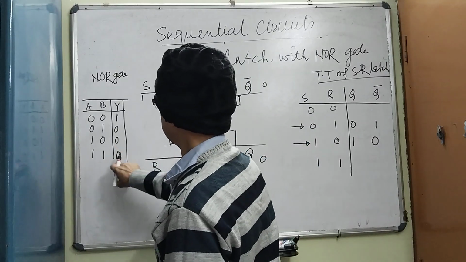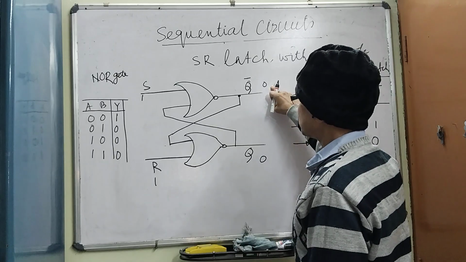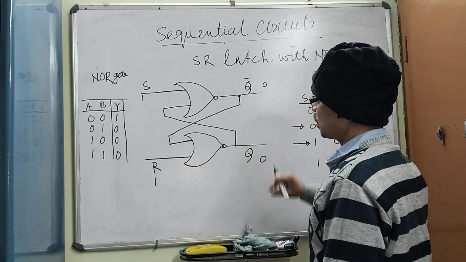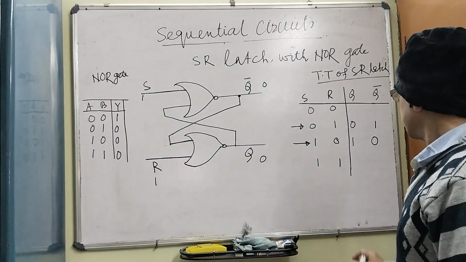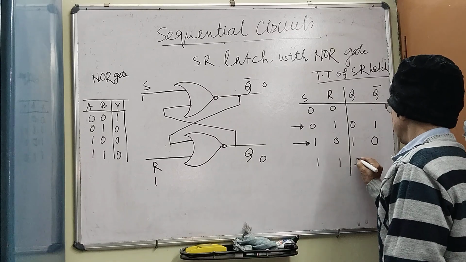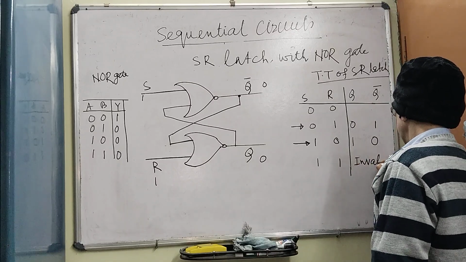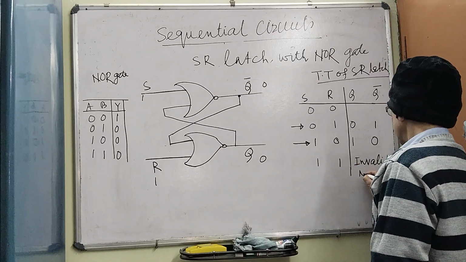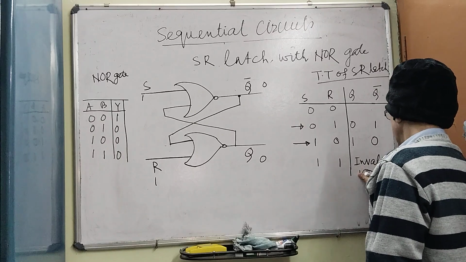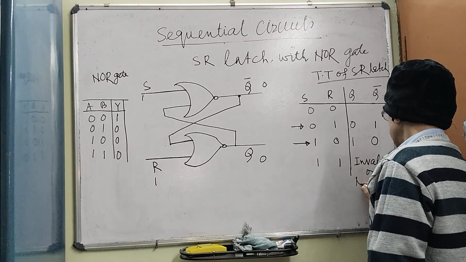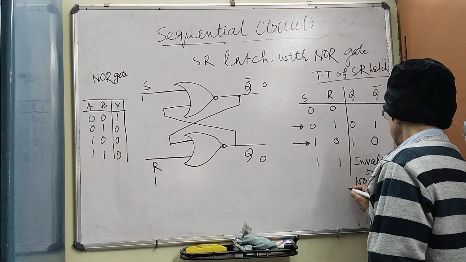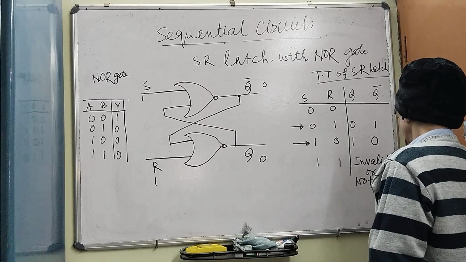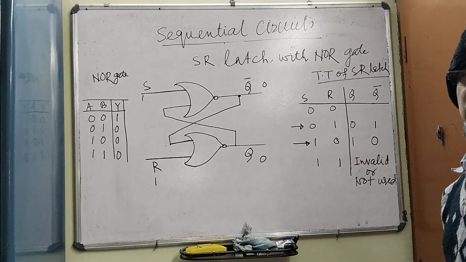So Q equal to 0 and Q bar equal to 0, which is not possible. So this is the invalid state. We cannot use it, not use, invalid state.